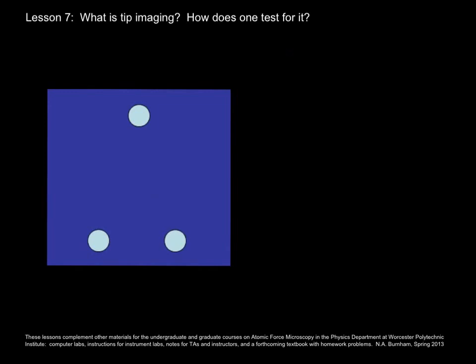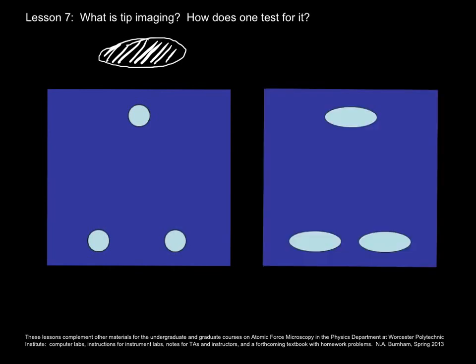If you're following these lessons with a friend, here's a game that the two of you can play. You can say, here's my sample, here's my tip. So, friend, how will the topographic image look? It would look like this.